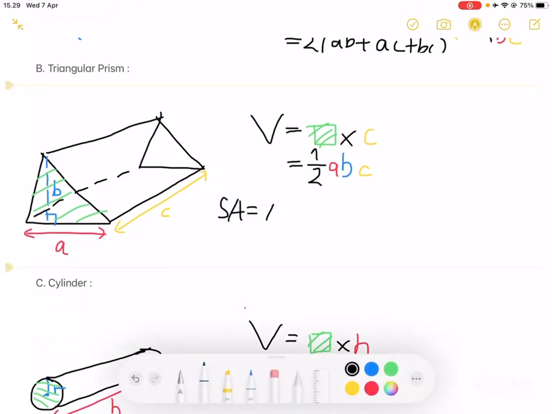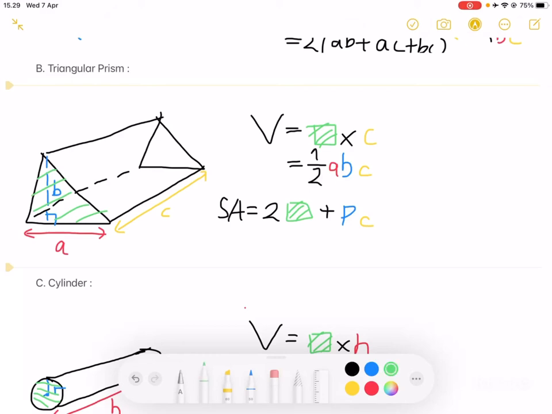Next we have the triangular prism. Using our same trick, the surface area will be 2 times the area of the base, which is the green region, plus the perimeter times the extension length, which is c. And perhaps for simple reasons, I'm going to add some sides just to not confuse you guys here.